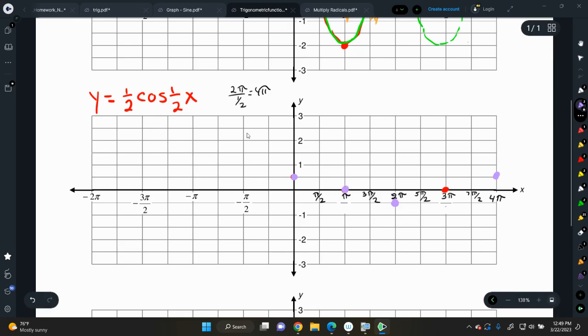So I put my 0 there. Halfway between 2 pi and 4 pi is 3 pi, so I put my 0 there. So now I'm ready to draw my curve. And there we go. How'd you do?